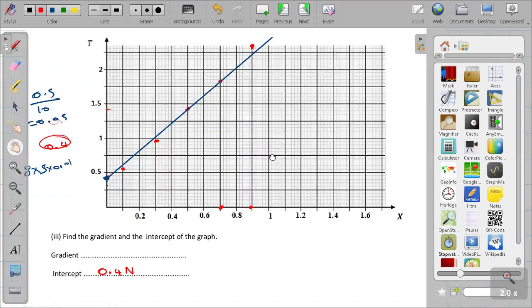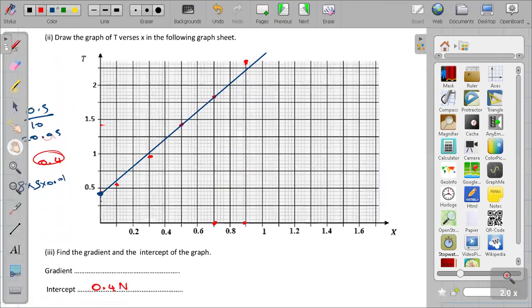Gradient. To get the gradient, you have to take the biggest possible reading difference. The gradient is y2 minus y1 over x2 minus x1.